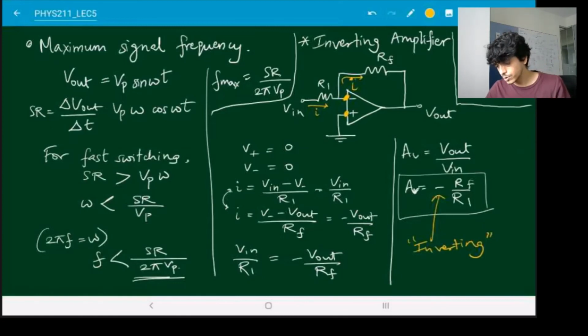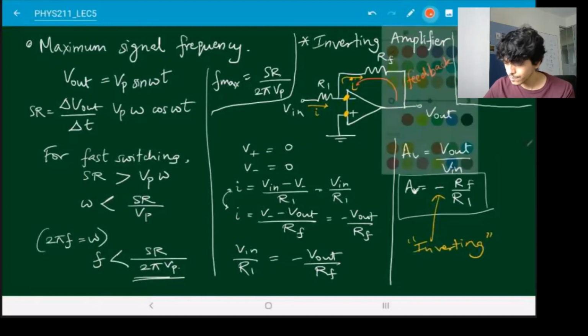Second thing that I want to point out over here is what we have over here is called a feedback loop. This part of the circuit is called a feedback loop. Basically, the output is connected to the input, and that's why this resistance over here is called RF, which is the feedback resistance.